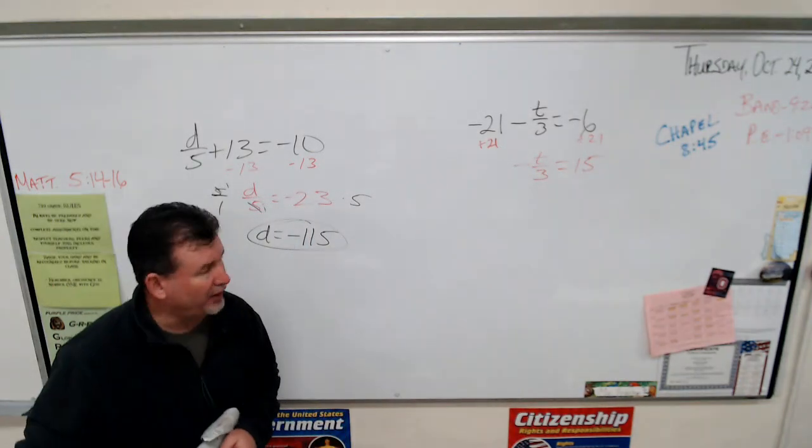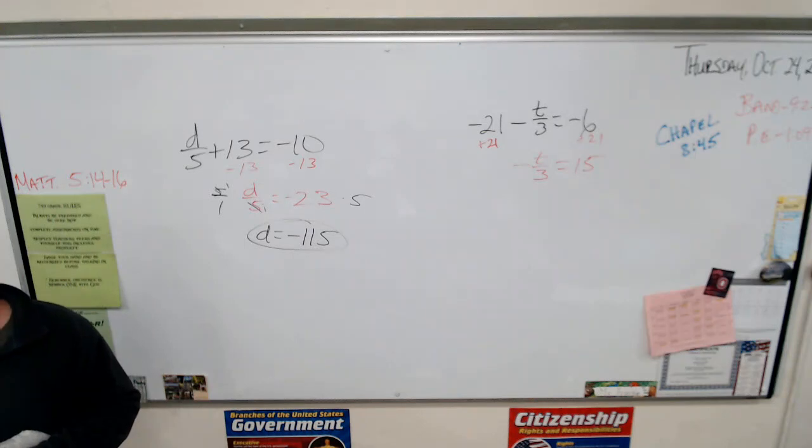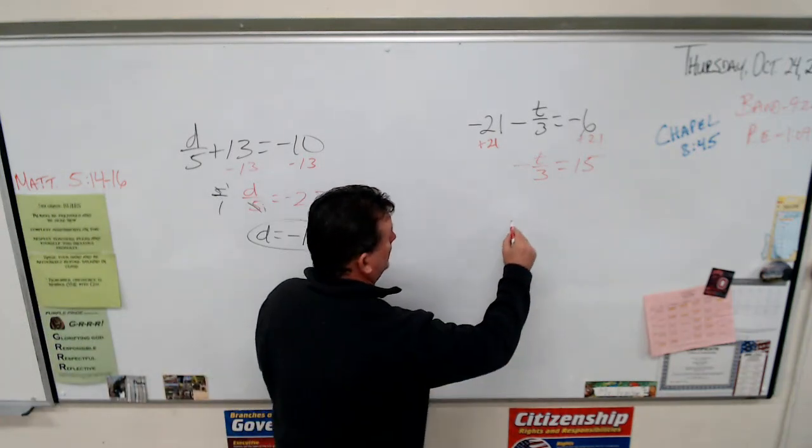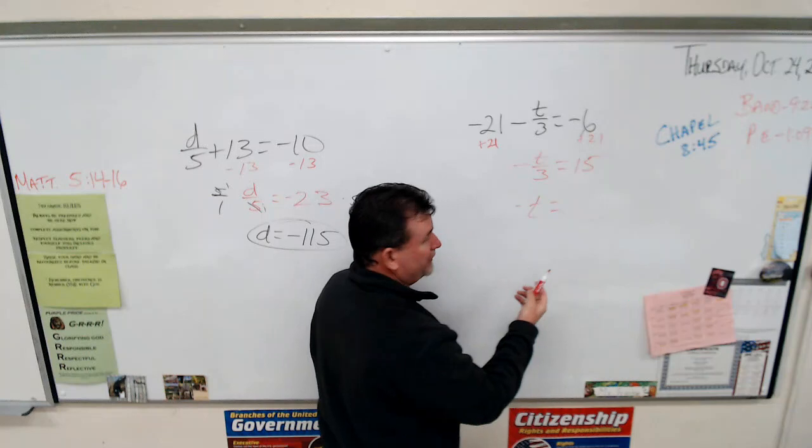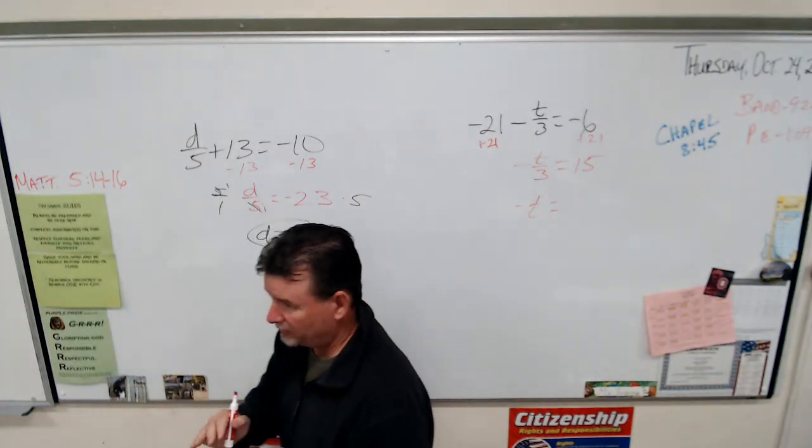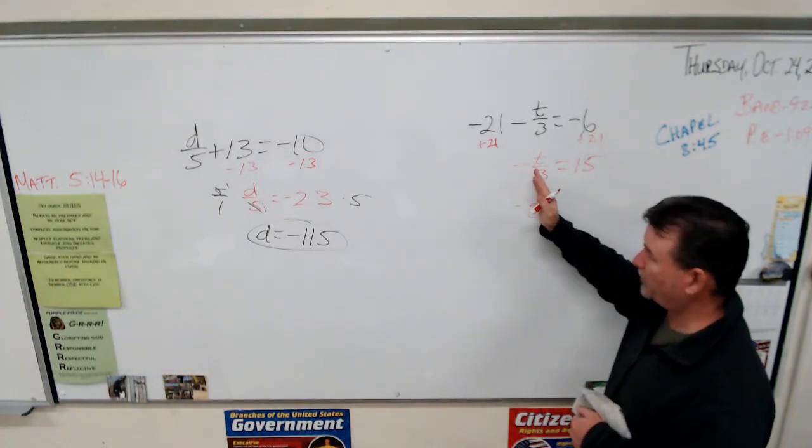How do I get rid of the 3? Let's say I'm dividing by positive 3, so I'm going to multiply by 3. If I multiply by 3, that gives me negative t over here still, because I'm multiplying by positive 3.